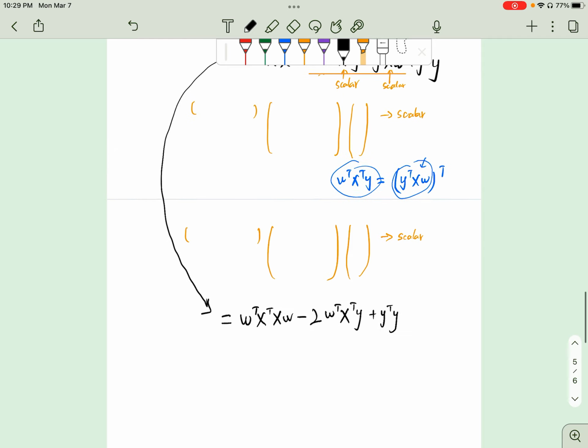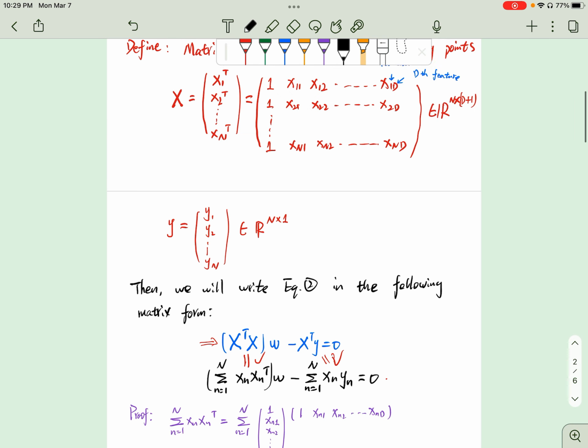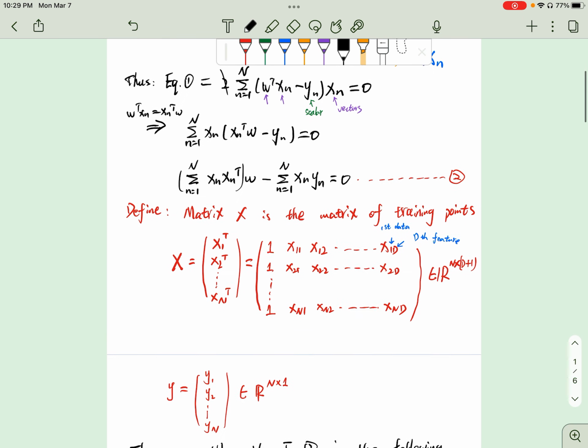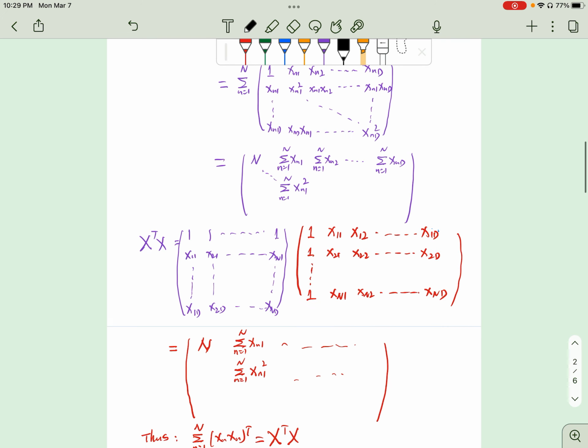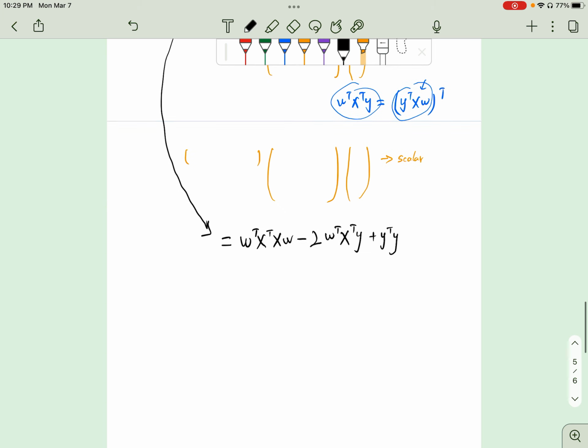And then we will use the equations I have proved here, this equation. And I will also tell you another equation.